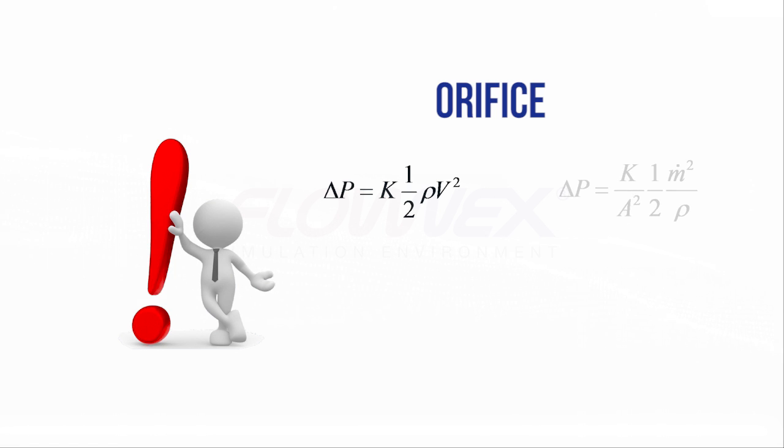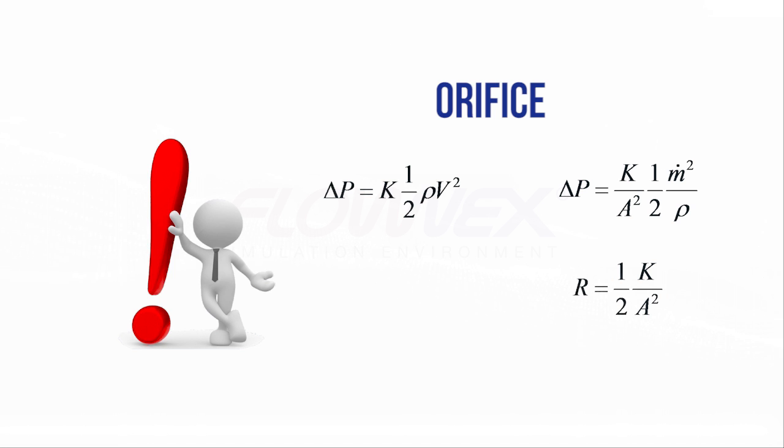Let's look at an orifice. Here, the pressure loss can be calculated using delta P equals K times a half rho V squared, where K is termed the loss coefficient. So the resistance term is K over area squared in delta P equals K over area squared multiplied by a half mass flow squared divided by density.